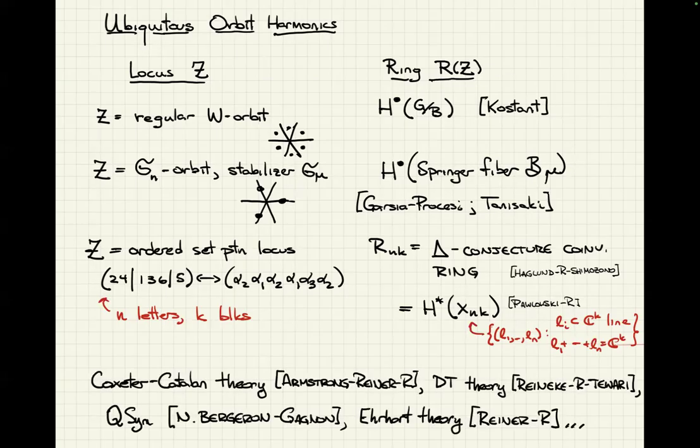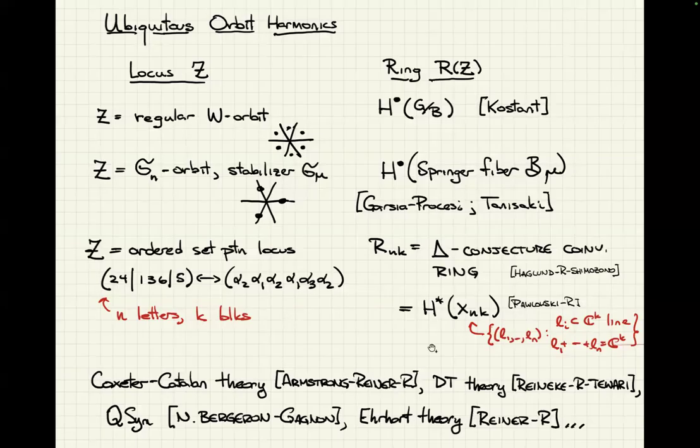So I tried to focus a little bit on the cohomological applications of orbit harmonics. Cohomology rings are graded, so they might come from this machine. But I just really want to say that there are a lot of other interesting graded rings in algebraic combinatorics, a lot of other combinatorial applications that arise from orbit harmonics if you choose the right point locus. There are applications to Coxeter-Catalan theory and parking spaces that I developed with Drew Armstrong and Vic Reiner.